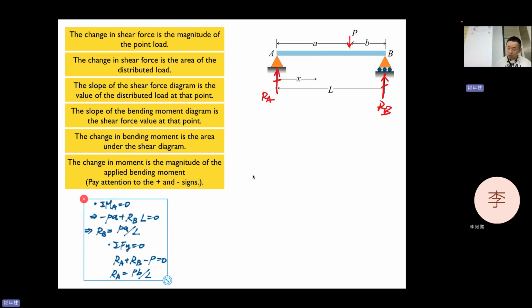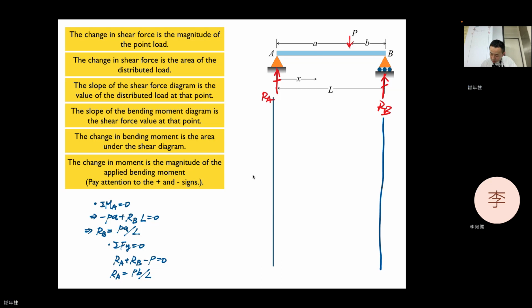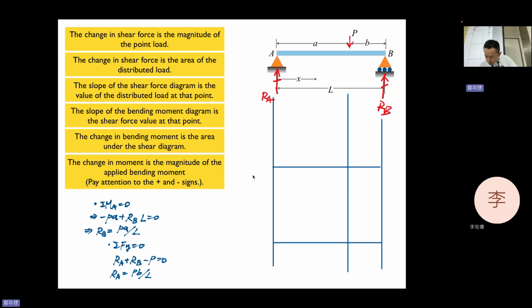Okay, that's it. So now I'm going to draw the diagram. V, M, 0, 0, X, X.